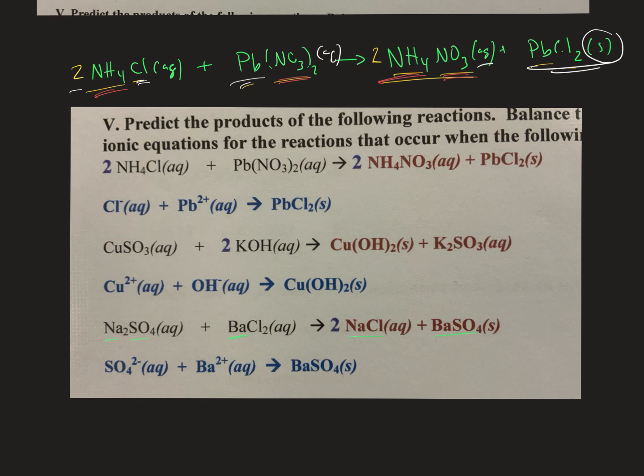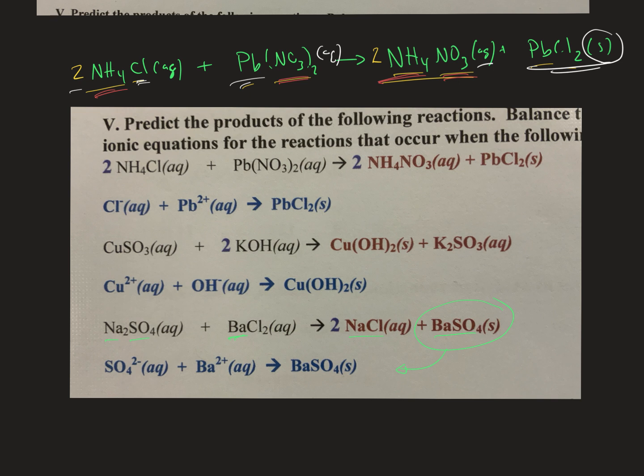And then you balance it. And this one right here is a solid because barium is one of the exceptions for sulfates. That's why it's a solid, so that's our product. And it's made of barium ions and sulfate ions.